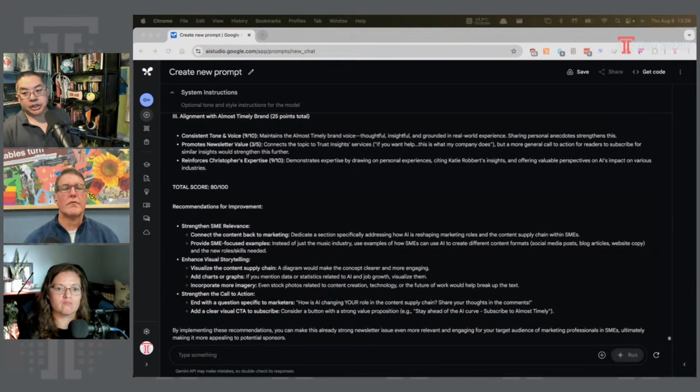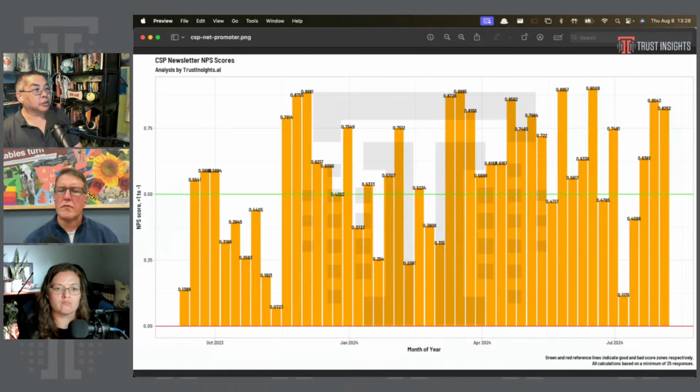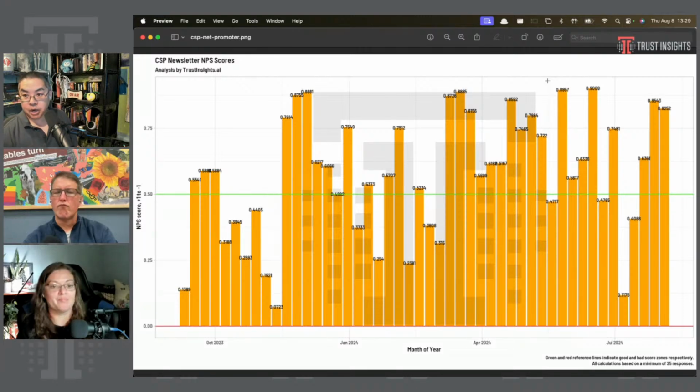I think it would be interesting, and this is something I'd want to do programmatically, to take every issue and its net promoter score and see how it correlates to its alignment to the ICP. If my ideal customer profile is who is subscribed to the newsletter now, then these issues below the green line will probably show you're not as well aligned here as you are when you're scoring almost 90s.